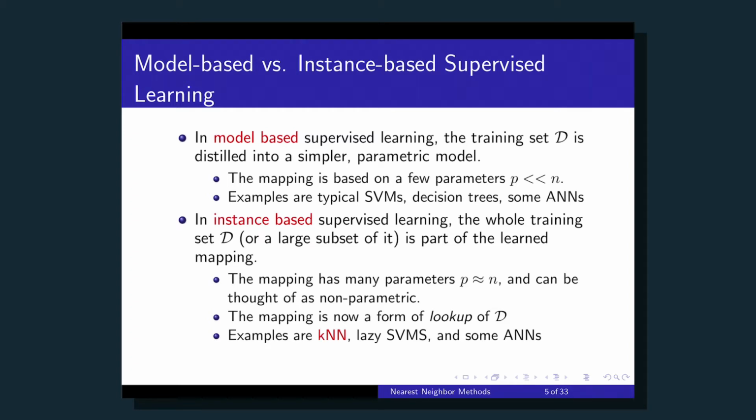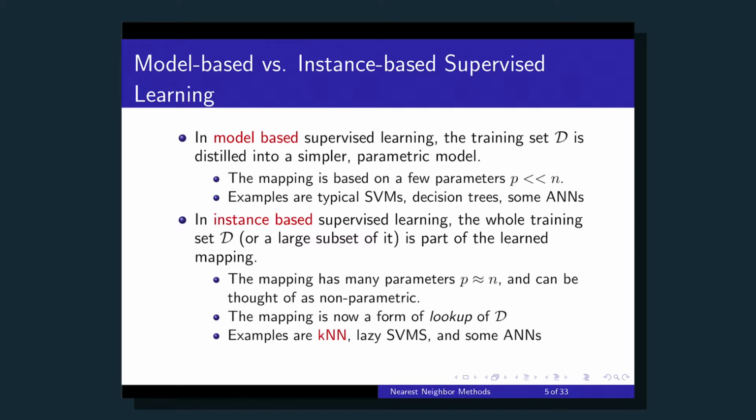And for most instance-based methods, the classification itself is now just a form of lookup over the existing training set. We'll see how this works with nearest neighbor methods. Those are probably the epitome of such methods. So there is no real training step.